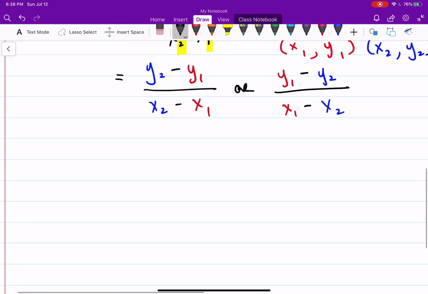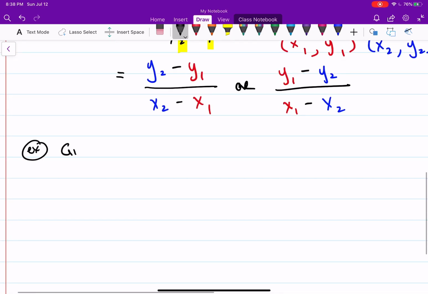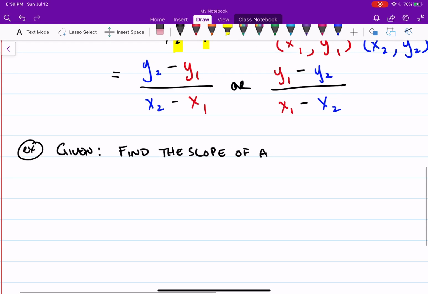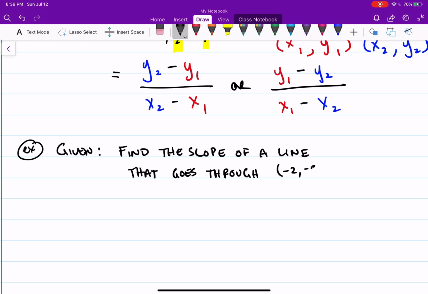So let's say I'm given: find the slope of a line that goes through (-2, -9) and (6, -5).